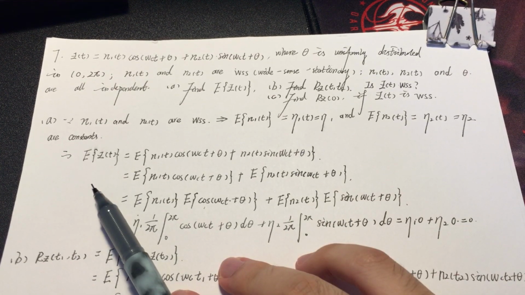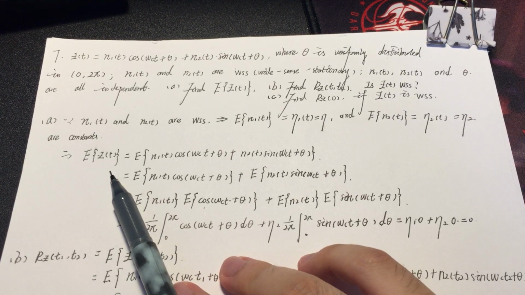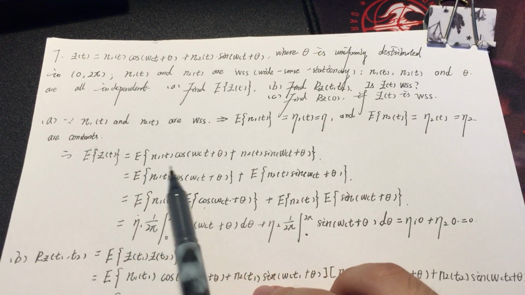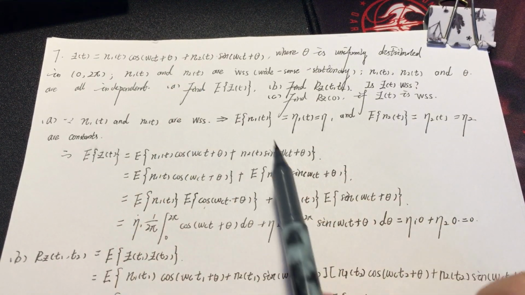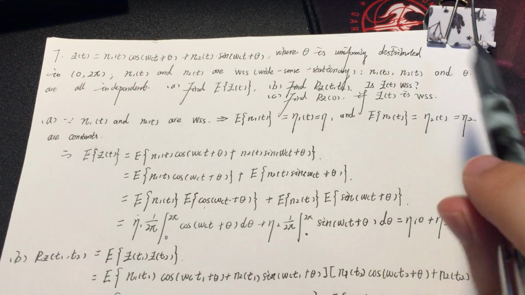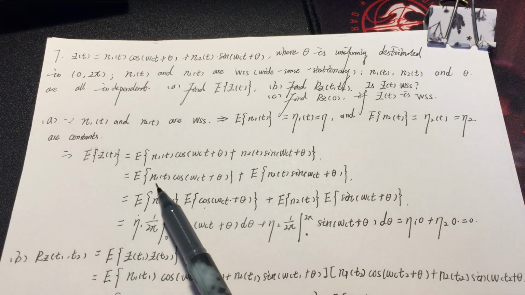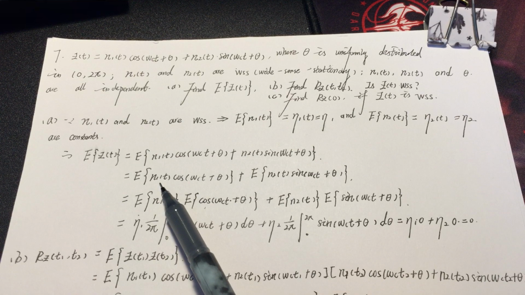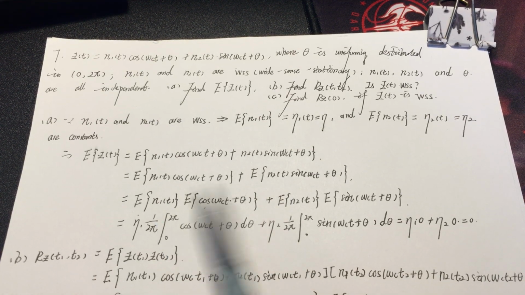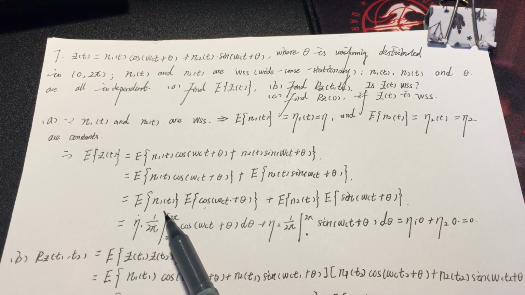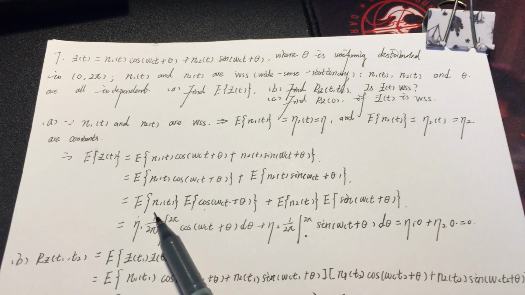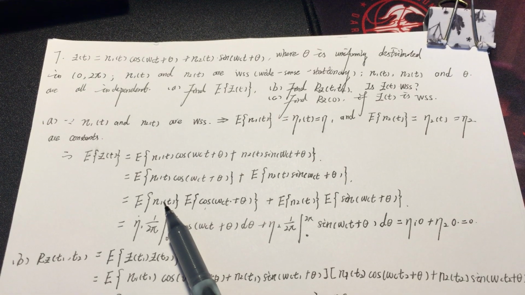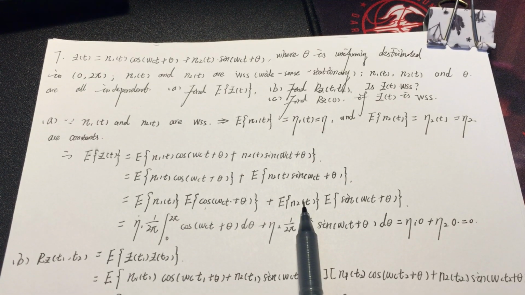So in this case, the expectation of Z(t) can be written as the expectation of the above equation, but we can pull the parts of N1(t) and N2(t) out of this equation and calculate them separately. So we know this part equals A and this part equals B.